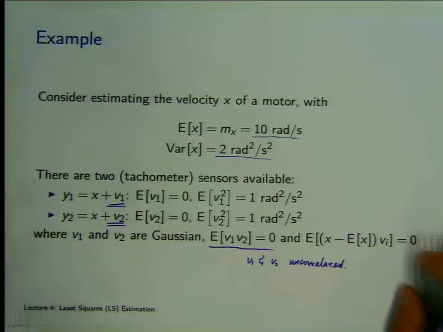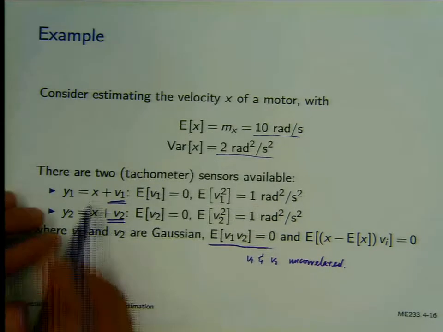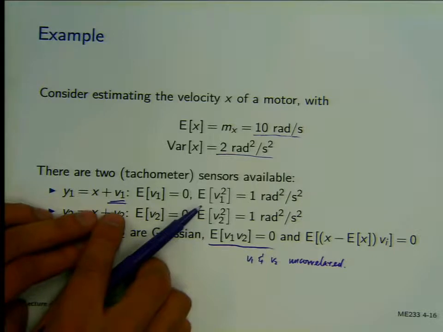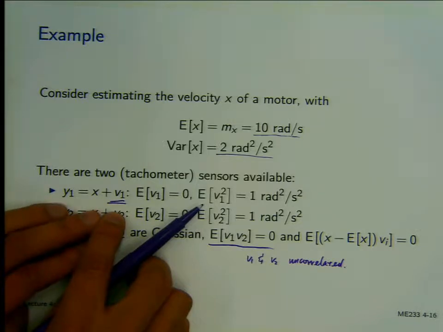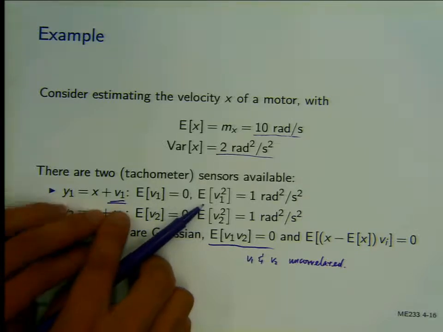Okay, so let me ask several questions. Look at the first one here. Are x and y1 related or not? The answer should be pretty obvious. They should be related because I'm measuring x using y. If they are not related, then I'm not doing estimation at all.